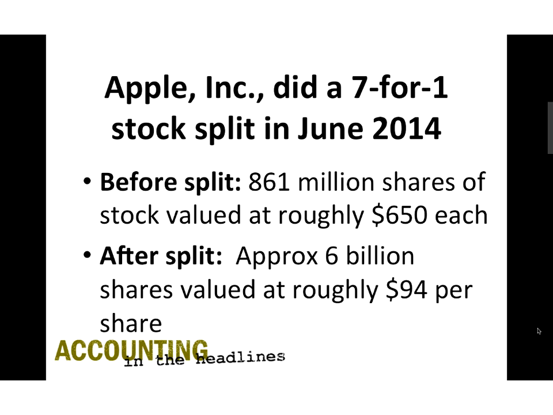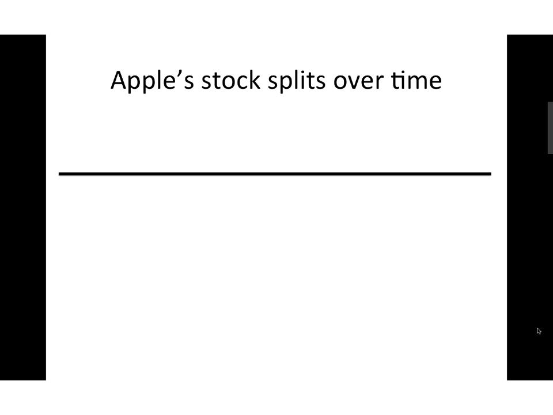But the stock price just gets huge, it gets unwieldy. Going back to Apple, just so you know, Apple has done stock splits over time. In 1976, let's say you had 1 share of Apple stock. In 1987, they did a 2-for-1 stock split, so you would then have 2 shares. In 2000, they did a 2-for-1 stock split again, so for the 2 shares you now had, now you have 4 shares.